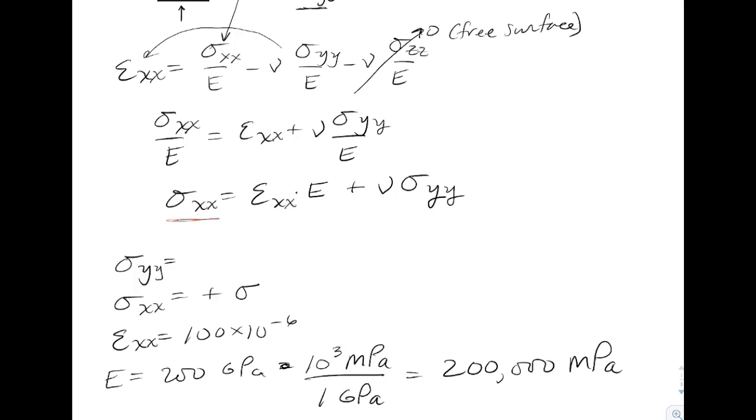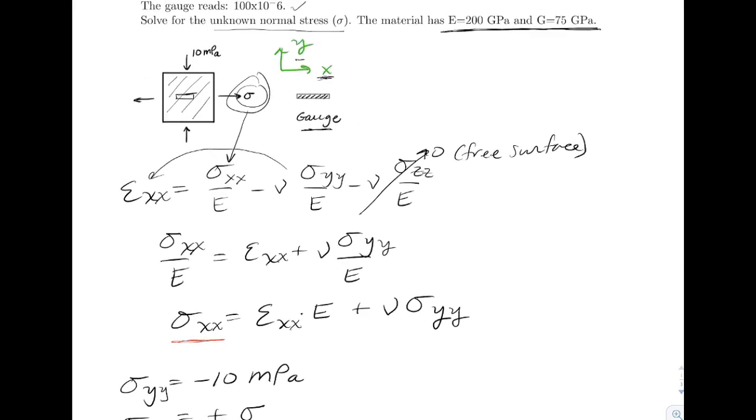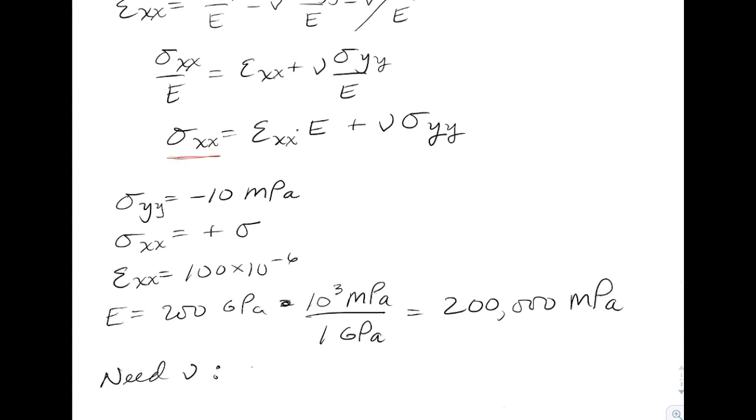Sigma XX is sigma, and sigma YY is -10. So again, numbers-wise, we've got up here 10 in compression, and so compression is expressed negative in our equations.